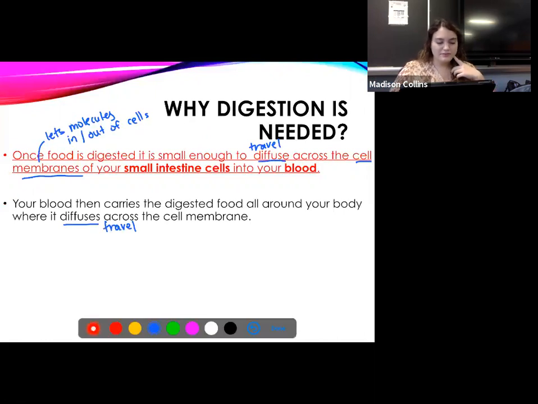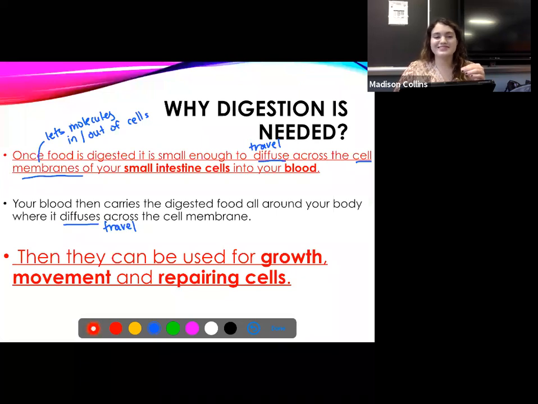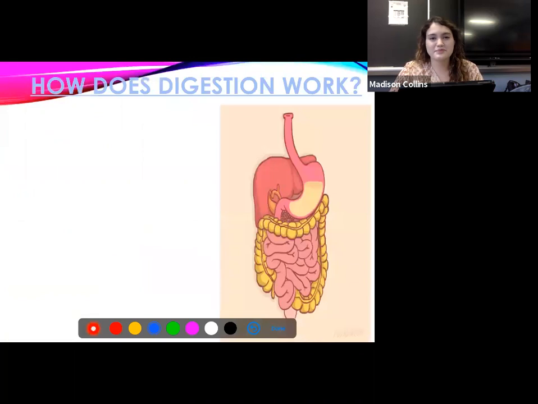And then finally, your cells can use those molecules for growth, movement, and repairing cells. So once your body has digested those molecules, it can then reuse them for growth, movement, and repairing cells. But we have to break those molecules down so they're small enough for our bodies and our cells to use them.